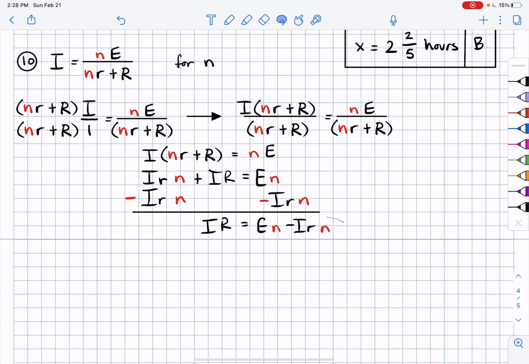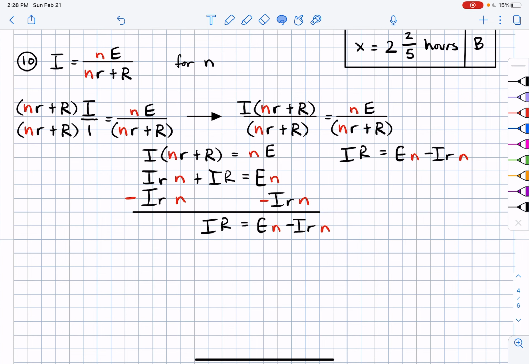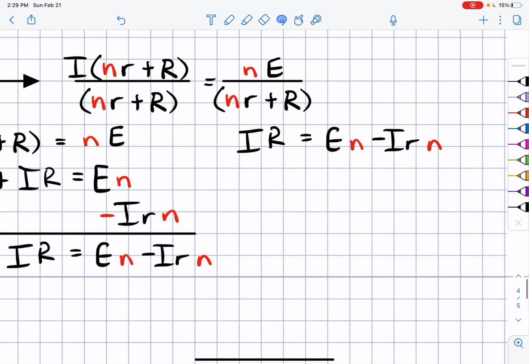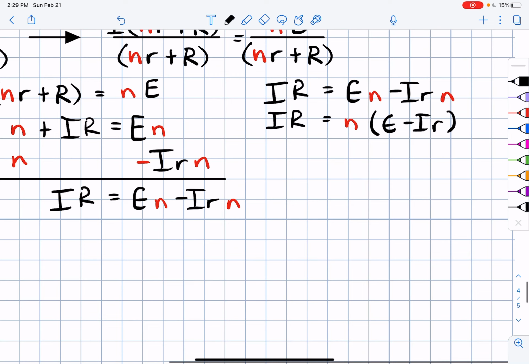Rewrite this piece right here up here. Now, am I right by saying that on the right, I can pull a GCF of n out? The left is still the same, I R. On the right side, I can pull an n out, and I would have left E minus I R. Then I can divide it off.